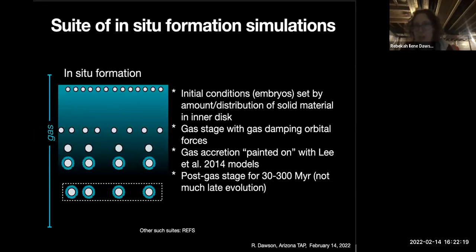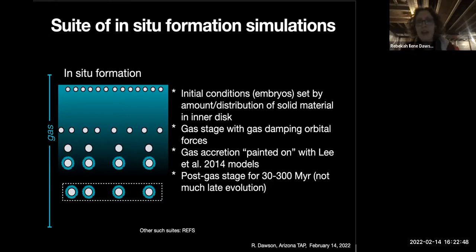I'm now going to introduce a suite of simulations that we're going to use to look at a few different properties. These simulations start with embryos whose initial conditions are set by the amount and distribution of solid material in the disk. We have a gas stage where we have forces that are damping, simulating the effects of the gas disk.